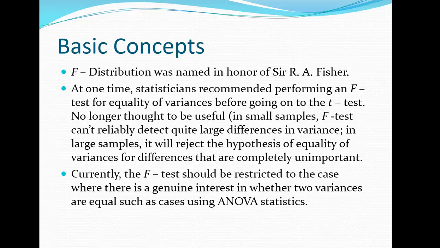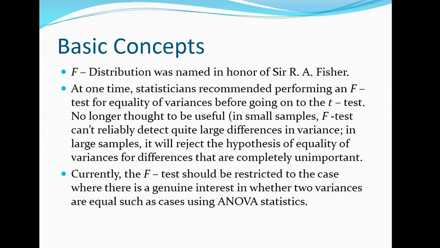Continuing on with the basic concepts of F distribution, this F statistics was named in honor of Sir R.A. Fisher. He's a very famous British statistician, and we also have the Fisher exact test in his honor.